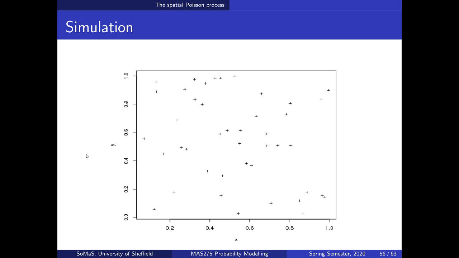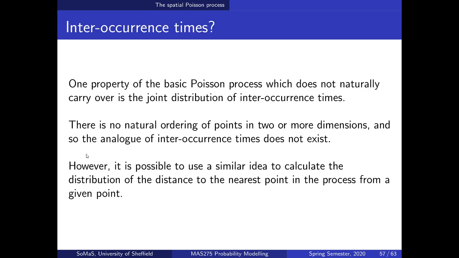And indeed, in some cases, you would get exponential variables in some senses, but it's not worth building a theory around that. So we don't talk about interoccurrence times. However, the idea used in the proof of the interoccurrence time can be useful.